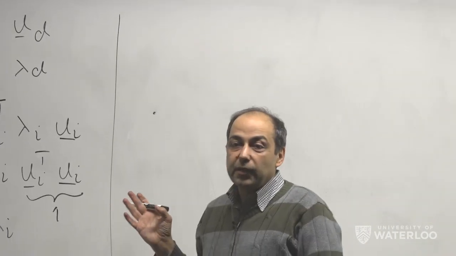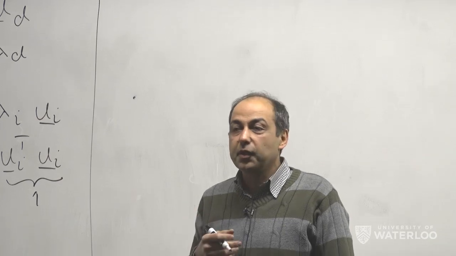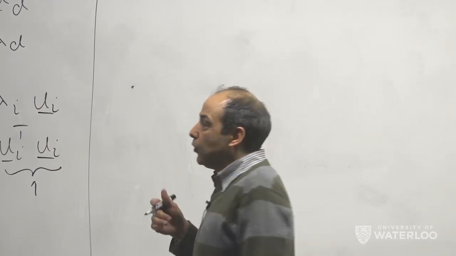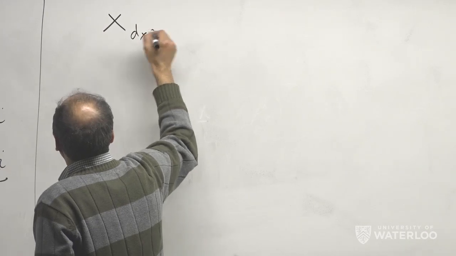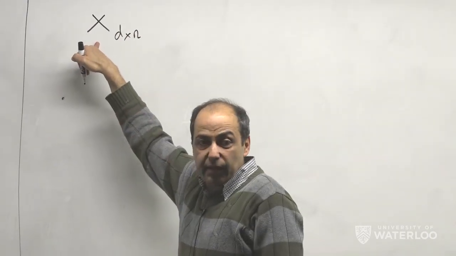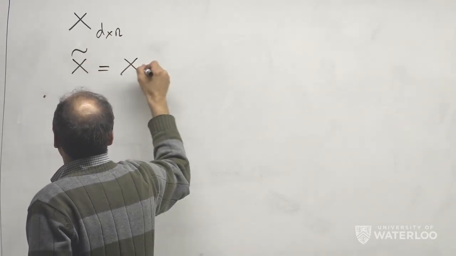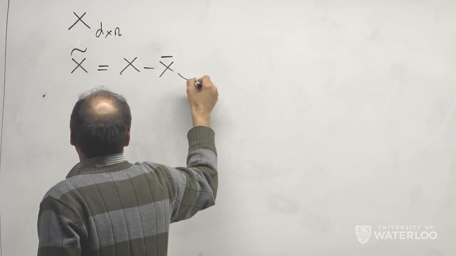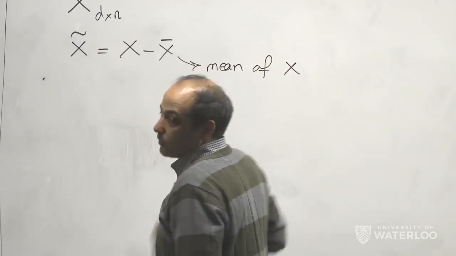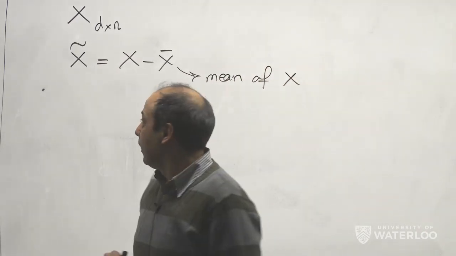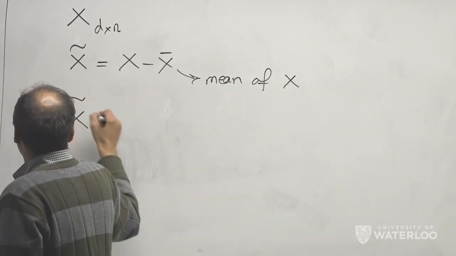A simple way to implement PCA in practice is to use singular value decomposition. You are given X as your data, it's D by N. Compute the mean of X. So compute X tilde, where X tilde is X minus X bar, and X bar is the mean of X. Then compute the singular value decomposition of X tilde.